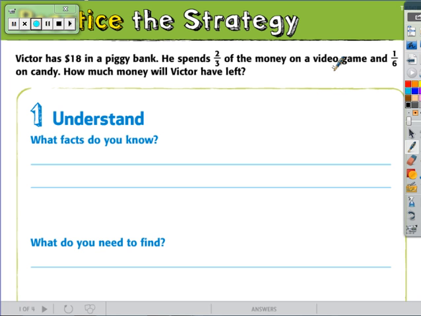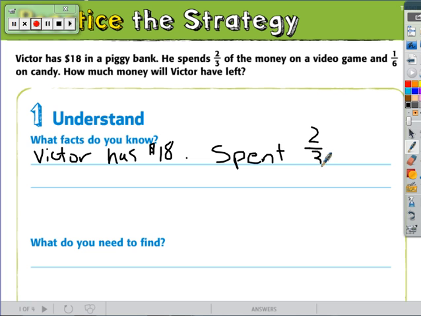And then what they want to know is how much money Victor's going to have left. So we need to know what are the facts that we know. We know that Victor has $18. We know that Victor spent two-thirds on a game. I apologize that my writing is so ugly.